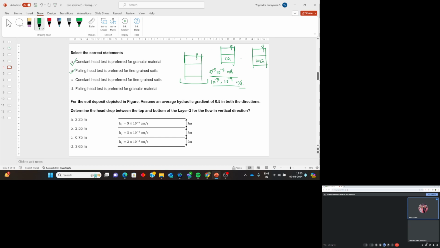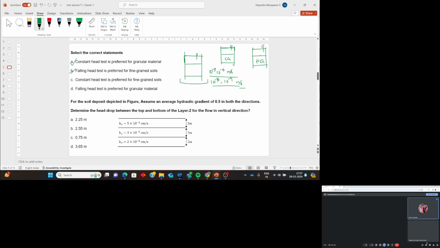Now, if you take the same case and conduct a constant head test for fine grained soil, you will keep the head for how much time? This experiment will take almost 2 to 3 days. So you cannot always monitor and maintain the head, which will drop maybe 1 millimeter per 2 to 3 hours. You cannot keep on filling the water, maintaining the head like that.